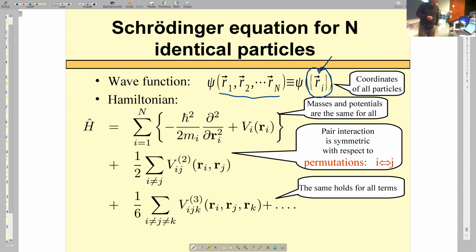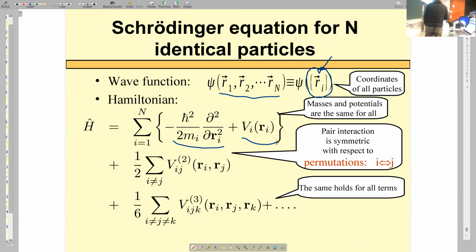Good. We understood what the wave function would look like. Let us arrange the Hamiltonian. First of all, we need the usual Hamiltonian, which is also valid for a single particle. We remember that there is a kinetic energy and there's a potential energy.